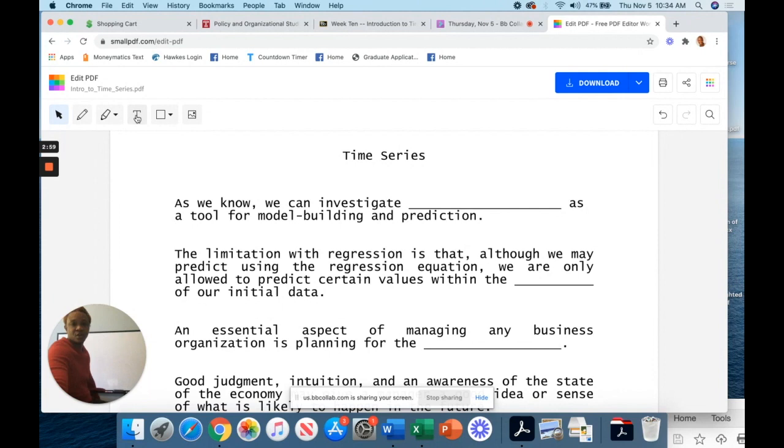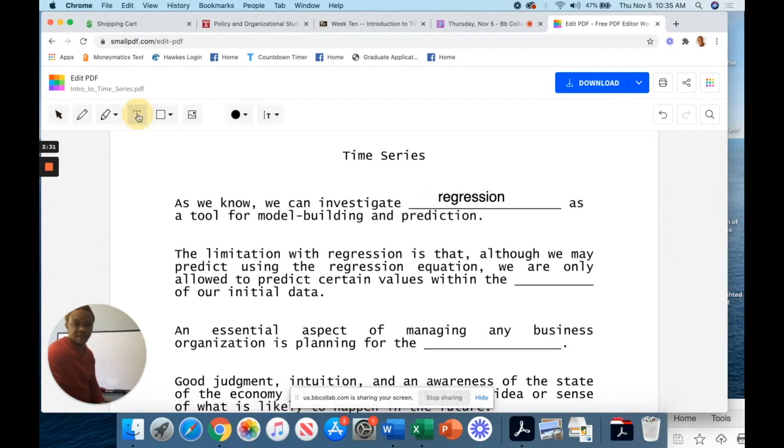Okay. All right. So we're going to go ahead and start, and you can just catch up. All right. So as we know, we can investigate regression as a tool for model building and prediction. The limitation with regression is that although we may predict using the regression equation, we're only allowed to predict certain values within the range.